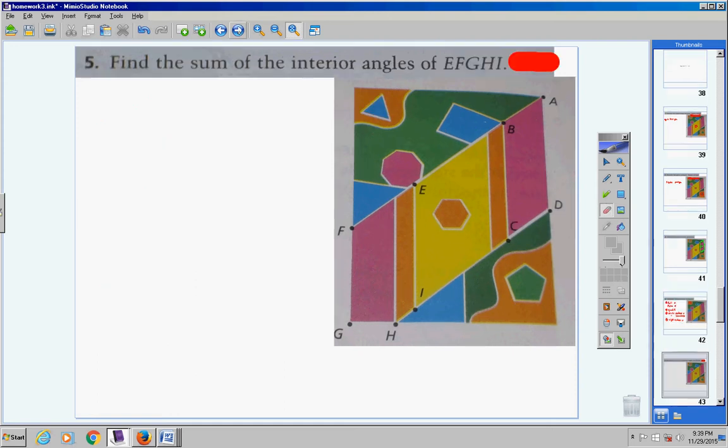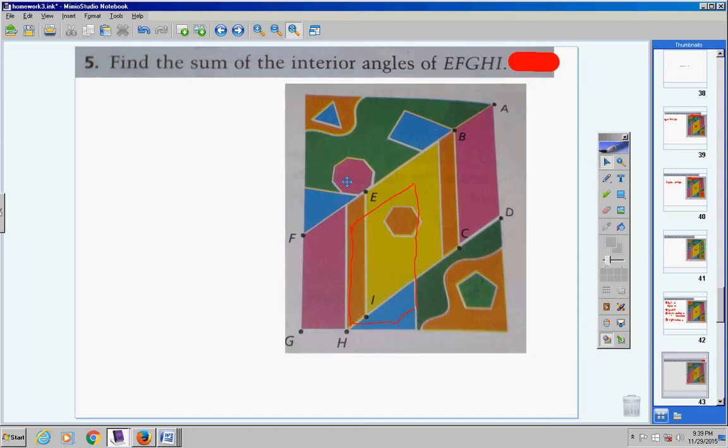Moving on to number 5. Find the sum of the interior angles of EFGHI. So let's kind of connect the dots here. E, F, G, H, I, and then back to E. Now, I'm going to pull this out of the way.